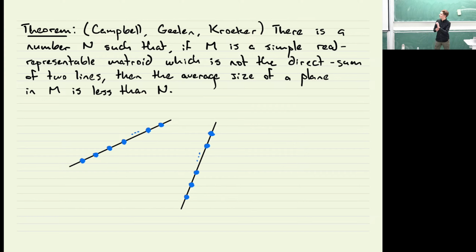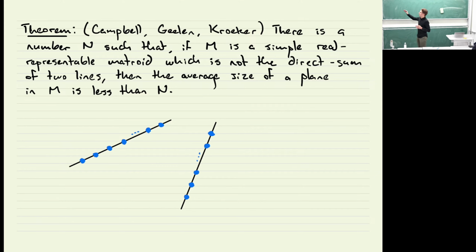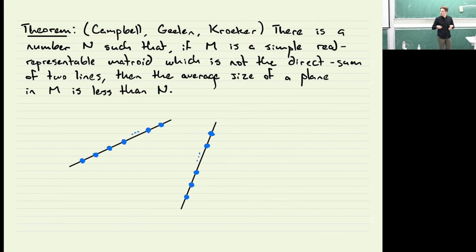As you can see, I've written this theorem in the language of matroid theory, but what really is going on here is this is all just geometry. So, in particular, if anyone here feels that they're not so familiar with matroids, in this talk you can think of a matroid as a very simple thing.